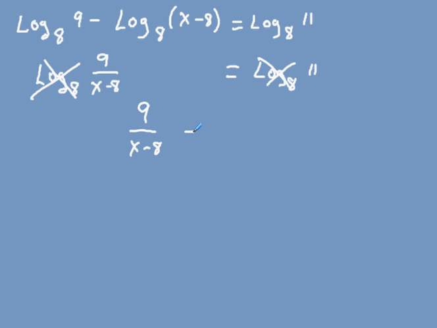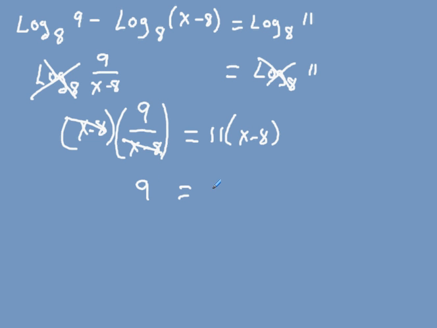9 divided by x minus 8 equals 11. Okay, let's get rid of the fraction first, multiplying both sides by x minus 8. What happens here is these two cancel out, leaving me just 9 is equal to 11x minus 88.